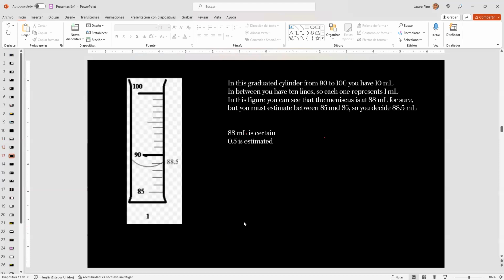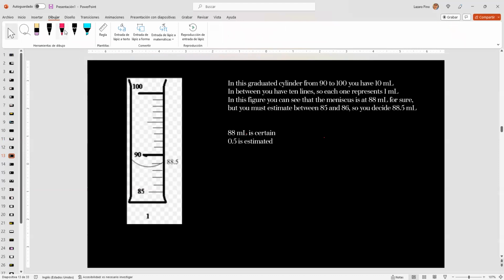For example, here you have a graduated cylinder, and you go to the meniscus. You can see the meniscus, that is the lower part of the liquid, is at a number between 88 and 89.